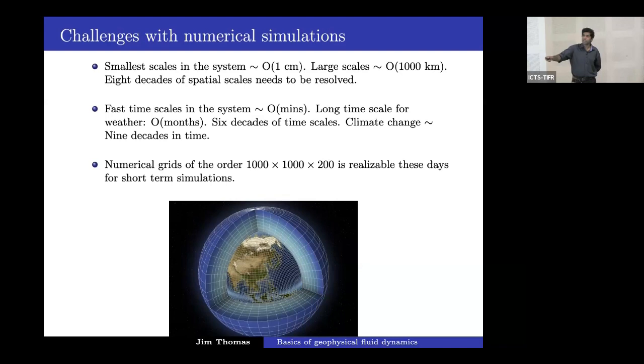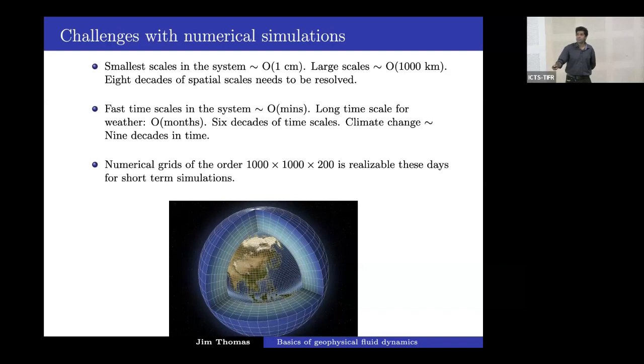So there are about 6 decades of time scales from minutes to months. Six is already large, but if you're interested in climate change, we're thinking of decades or centuries. You put in the numbers, and there are 9 decades in time scales from minutes to century. This is again very hard to do even with the best supercomputers we have.